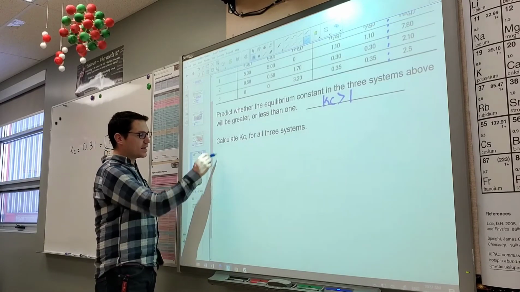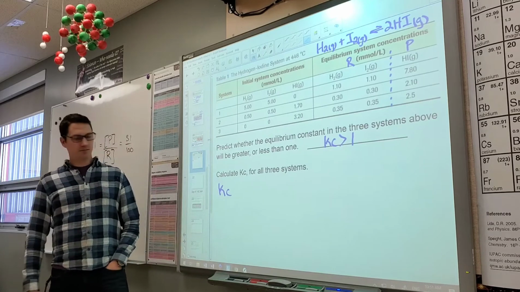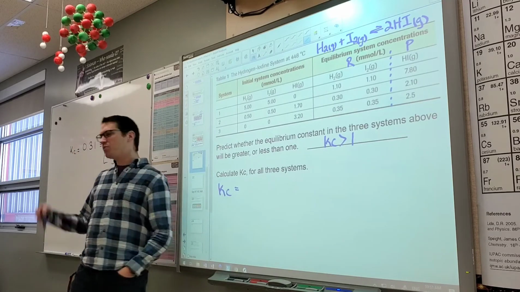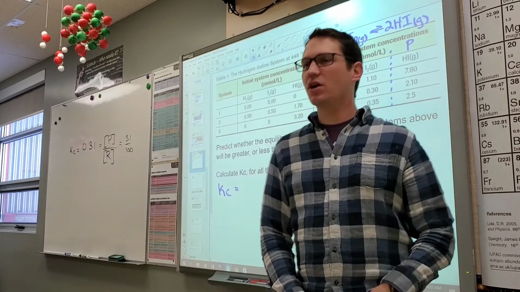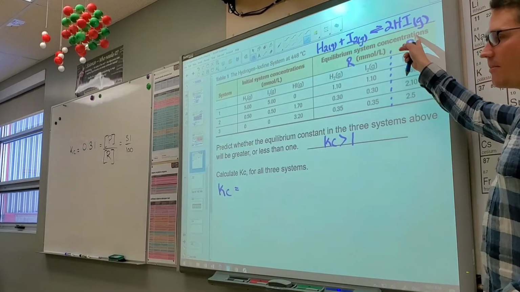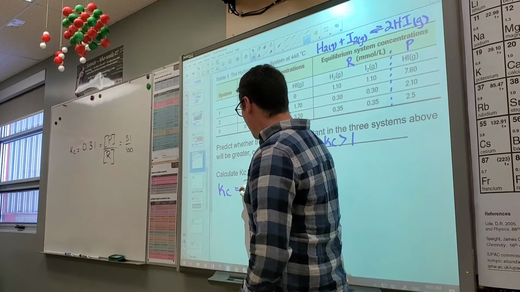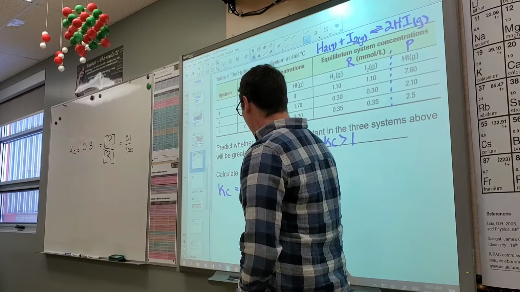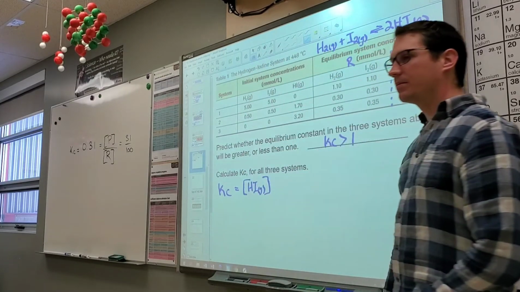What will the Kc, in general, for this reaction be? It's products over reactants, yeah, but what is it specifically? What's our only product here? HI. Okay, so it's the concentration of HI raised to the power what?